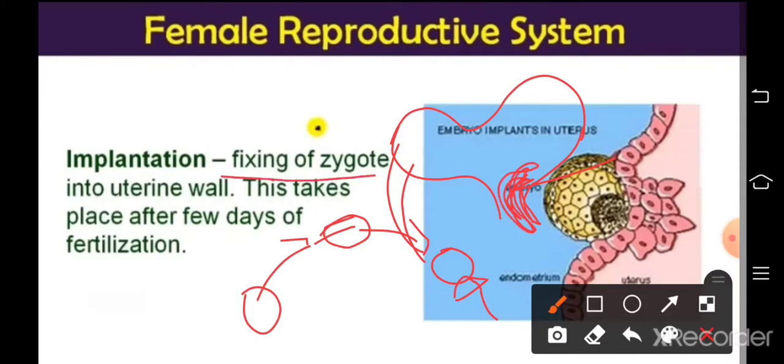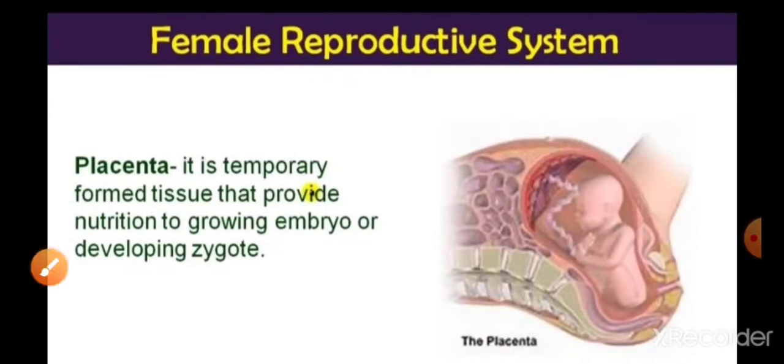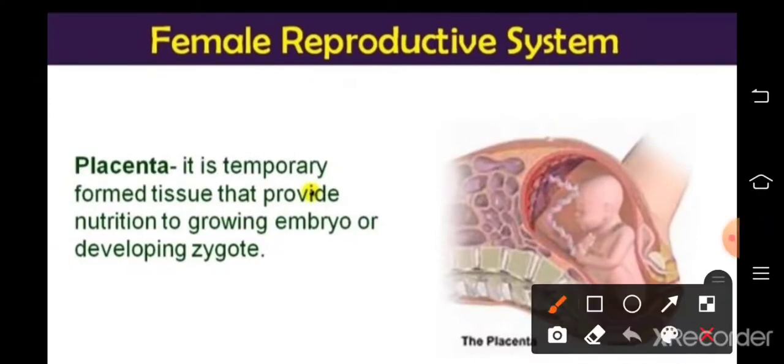The fixing of the zygote into the uterine wall occurs a few days after fertilization, as you see in the picture. When it is implanted, it fixes a connection between the mother and the fetus for transferring nutrients. This is called the placenta.